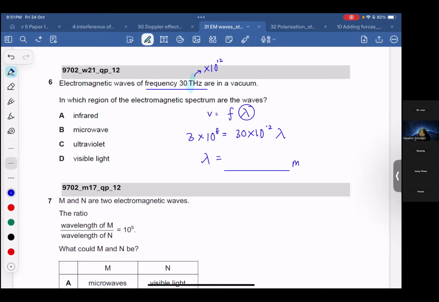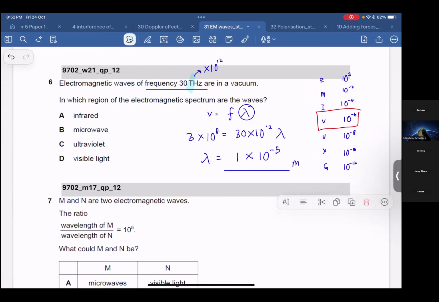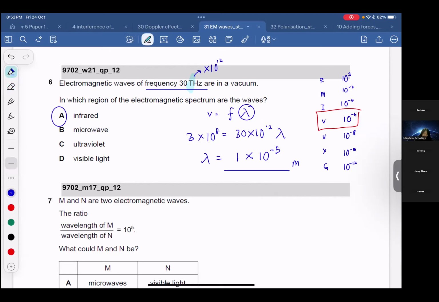Okay. For this one, just apply the formula and remember to convert the prefix. So the wavelength that I get is 1 times 10 power of negative 5 meter. Okay, so negative 5. Infrared is plus minus here. So your answer should be A. Infrared.